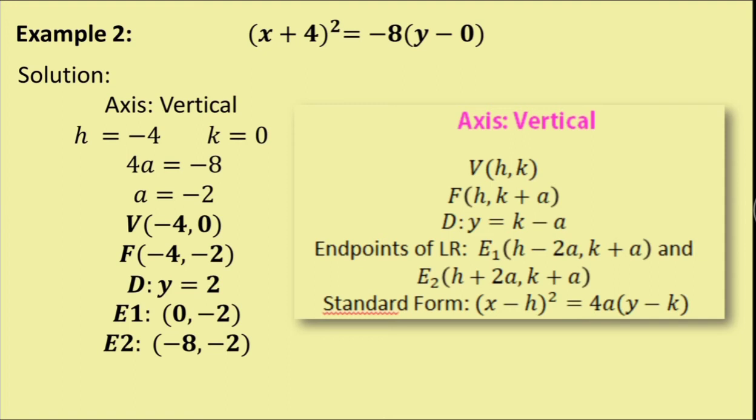Now we have endpoint 1 at (h minus 2a, k plus a). h minus 2a: -4 minus 2 times -2, we have 0, and then k plus a, 0 plus -2 is -2. Next, endpoint 2 is at (h plus 2a, k plus a): -4 plus 2 times -2 is -8, and k plus a is 0 plus -2, still -2. So we have endpoint 1 at (0, -2), and endpoint 2 at (-8, -2).